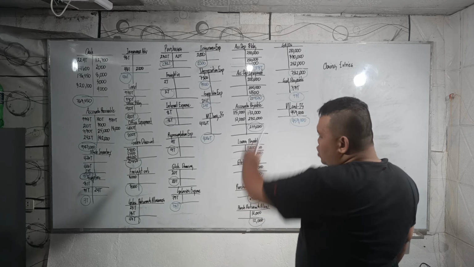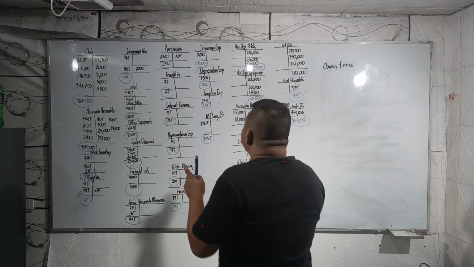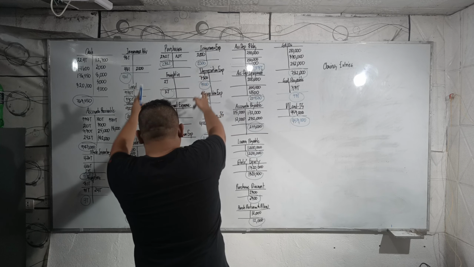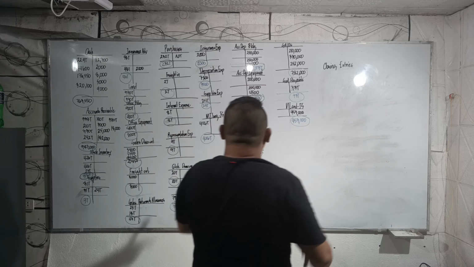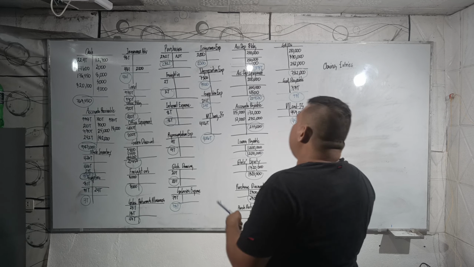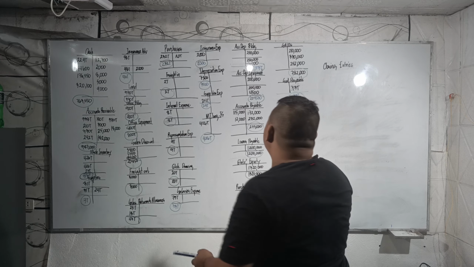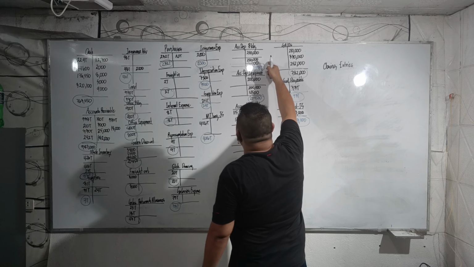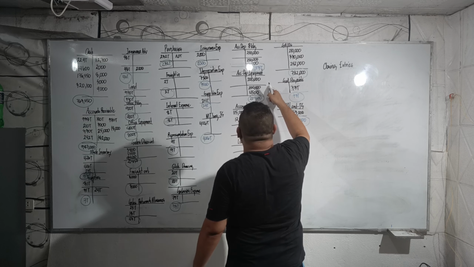The question is, where are the credits? Of course, we have grouped this already. These are the accounts with normal balances of debits and these are the credits. And we're looking for income statement items. Accumulated depreciation is a contra asset, including the accumulated depreciation on equipment.